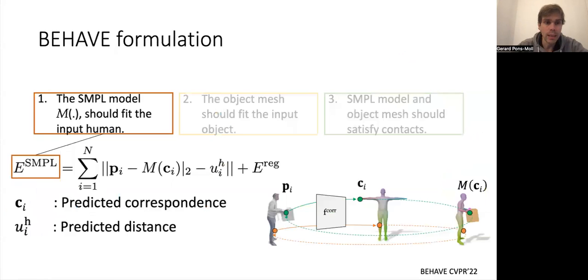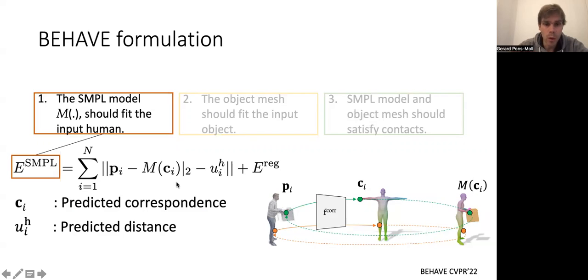So let's look at this in a little bit more detail. Basically, we know that the simple model should fit the input human point cloud, and for this you can make your mesh match this distance field predicted by the neural network.